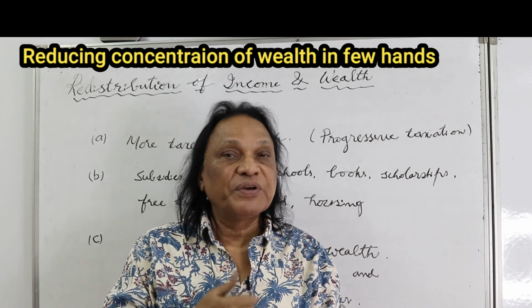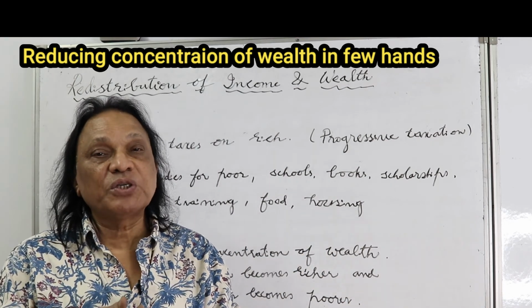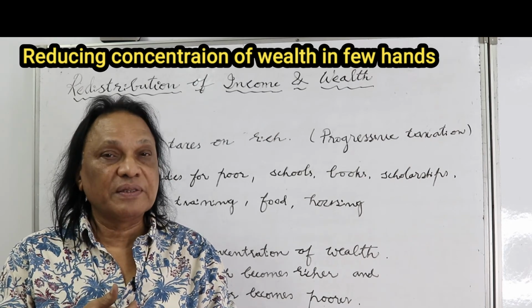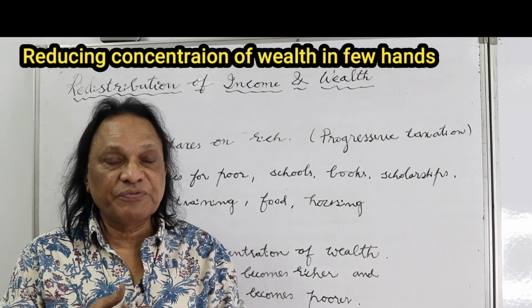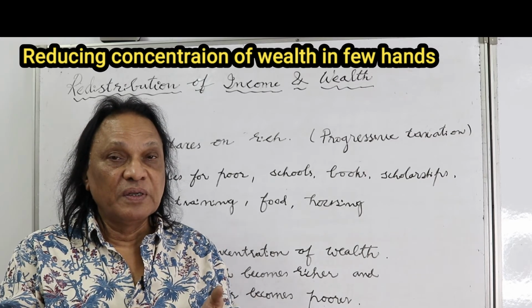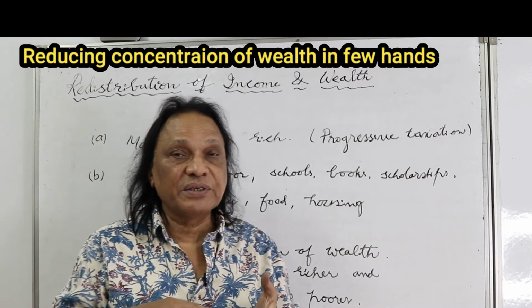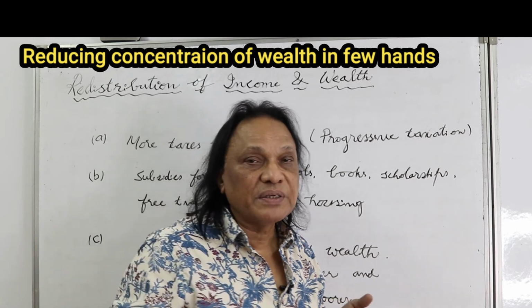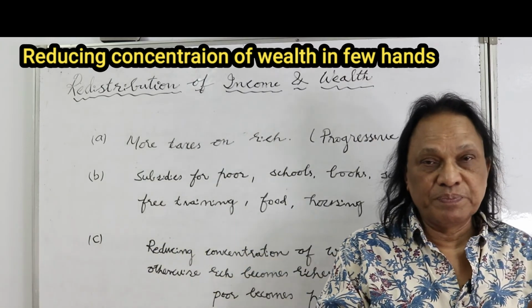So now we have explained the second objective of the government budget: to reduce the inequalities of income and wealth. How do we reduce the inequalities of income? By putting huge taxes on the rich people in terms of direct and indirect taxes, or introducing progressive taxation. As income increases, the tax rate also goes up.